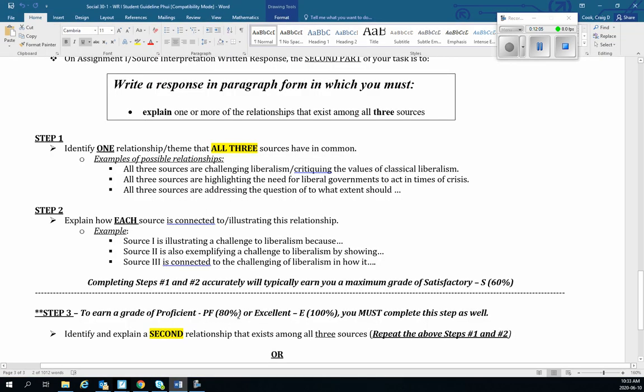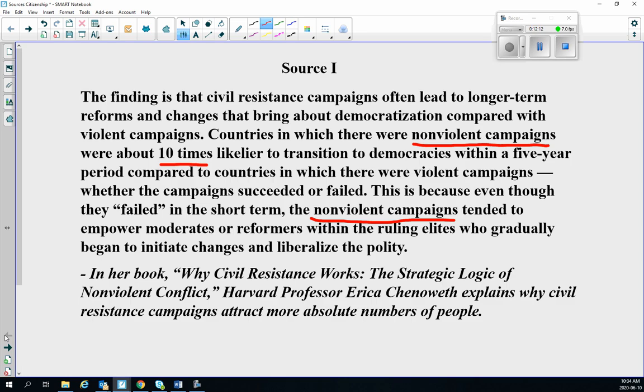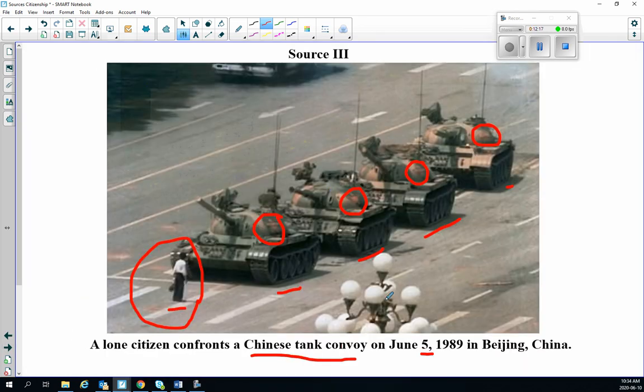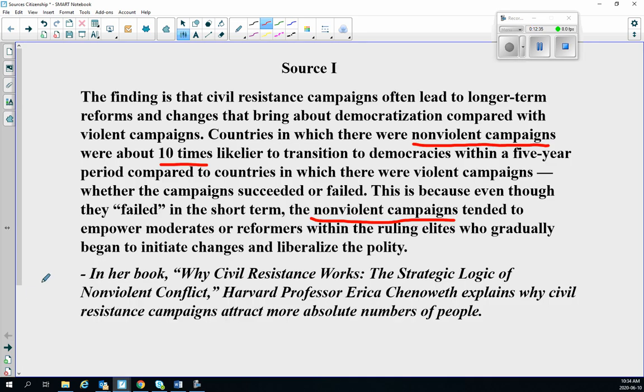And again, to finish this off, we need one more relationship among the three sources to really have done this the right way. What you could do is, to me, this one happened first. I wouldn't say it was the birth of nonviolent protest, but it's one of the most iconic examples of nonviolent protest, and perhaps it helps inspire the photograph in source two, and even the commentary in source one.